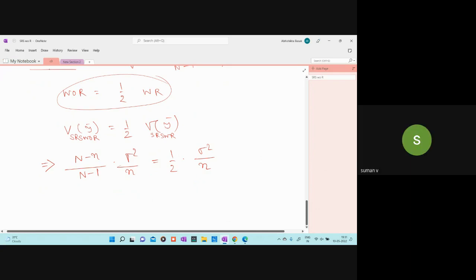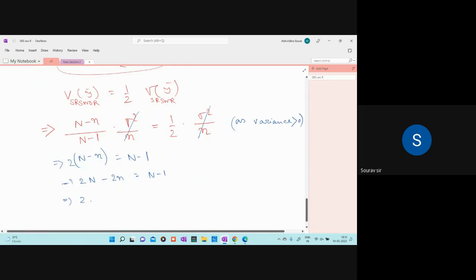Ma'am, 2n minus 1. Okay, now if you can see it carefully, first we need to cancel this from both sides. Is it feasible to cancel this? Yes, it's feasible, as variance is always positive. So we can cancel this out. So it will be capital N minus small n, twice of this is equal to capital N minus 1. So 2N minus 2n is equal to N minus 1.